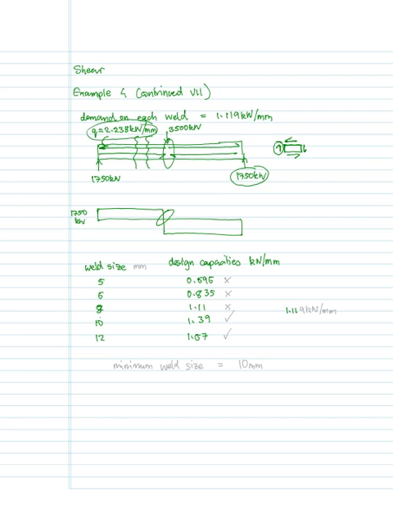and the first one was 0.696 and 0.835, 1.11, 1.39 and 1.67, and the design capacities are in terms of units kilonewtons per millimeter.